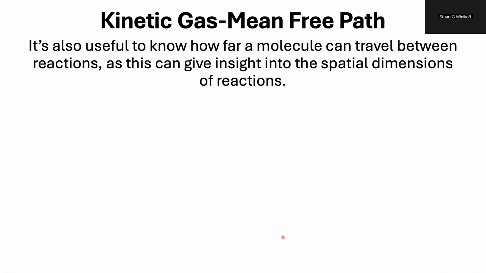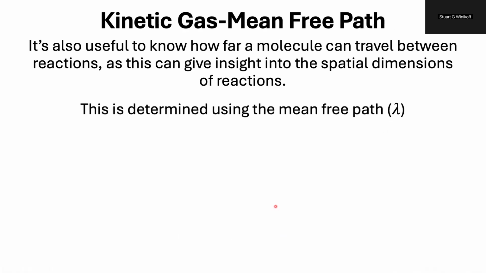So one of the reasons why this is often useful is that we can use this idea of the frequency of collisions to figure out how far a given gas molecule can travel in between a collision. Now, this is often important when you're trying to figure out things like the rate of reactions in gases, as this will often be dictated by how likely gases collide into each other. So we often are going to look at this using something called the mean free path.